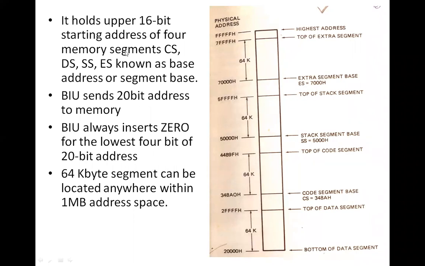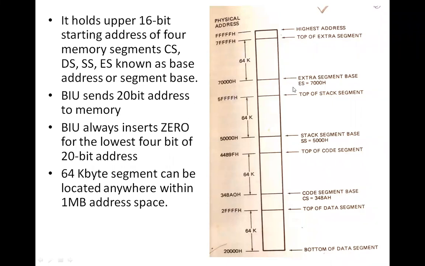Now, once this 20-bit address is generated, the bus interface unit is going to send this 20-bit address to the memory. The bus interface unit always inserts 0 for the lowest 4 bits of the 20-bit address, and then it is added with the effective address to get the physical address.